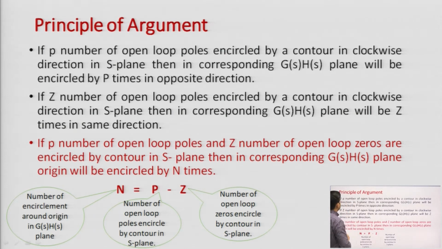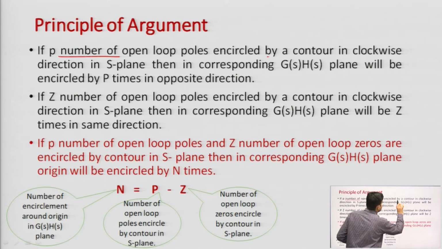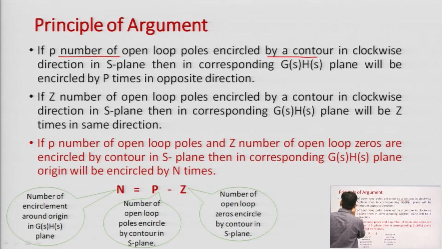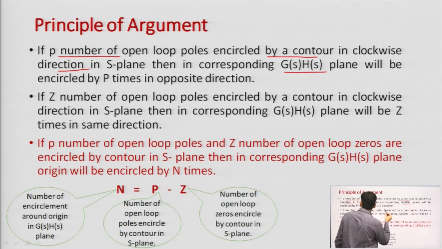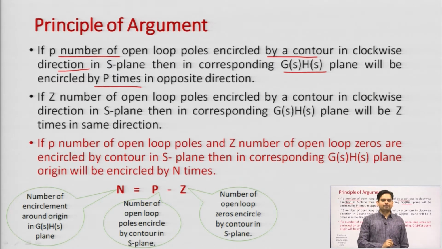Now, we would like to see the principle of argument. What it tells is, if p number of open loop poles are encircled by a contour in clockwise direction in the s plane, then in the corresponding G(s)H(s) plane it will encircle p times in the opposite direction. It means, if in the s plane movement is clockwise, in the G(s) plane movement would be anti-clockwise whenever it is a pole.